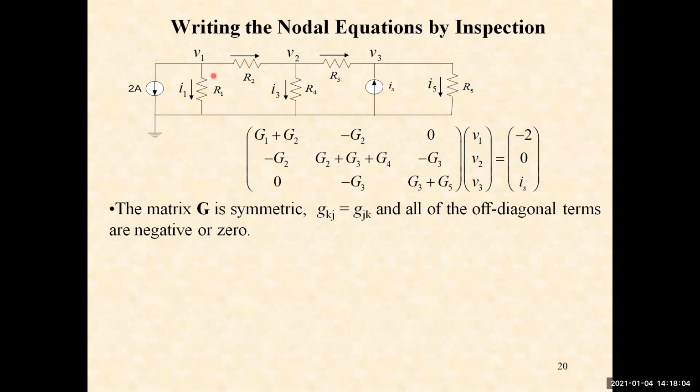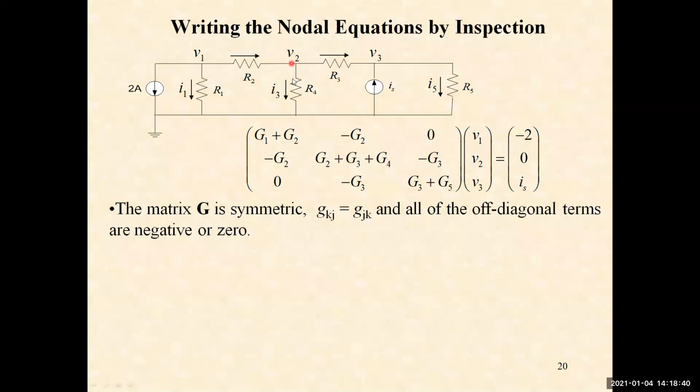That's why for node 1 we have A11, A12, A13, like that. For 1,1, it's connected to R1 and R2. That's why 1 by R1 plus 1 by R2, nothing but G1 plus G2. Okay, so 1,1 and 1,2, the mutual: take minus, only one element is between these two. That's why minus G2. There is no element between V1 and V3, so A13 is 0.